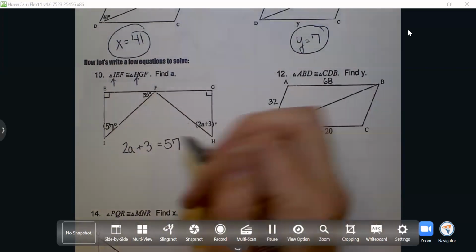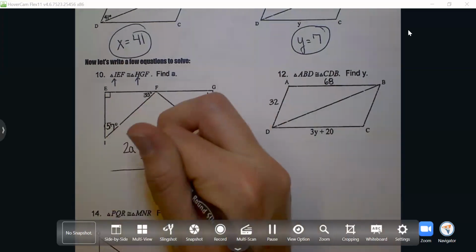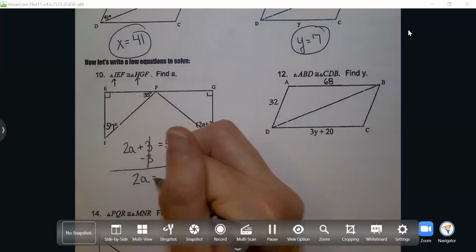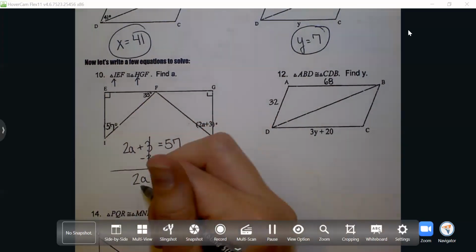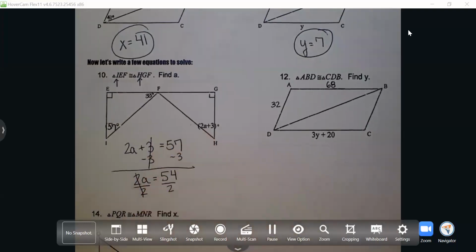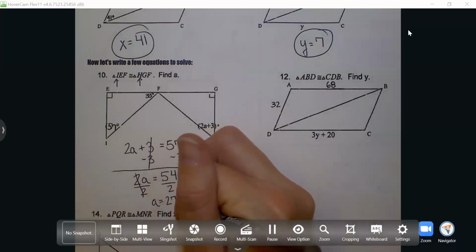So I'm going to start by getting rid of the plus 3. I'll subtract 3. And so 2A equals 54. And my last step is to divide by 2. 54 divided by 2 is 27.